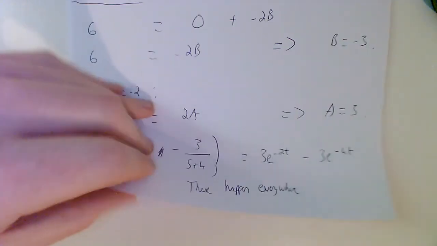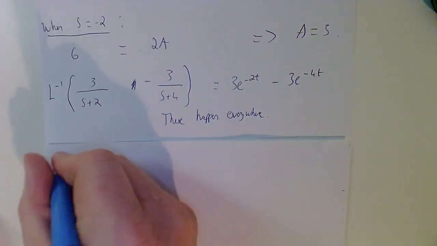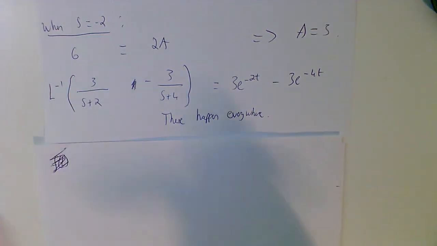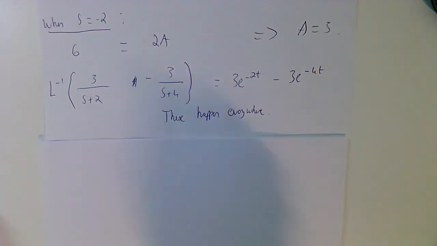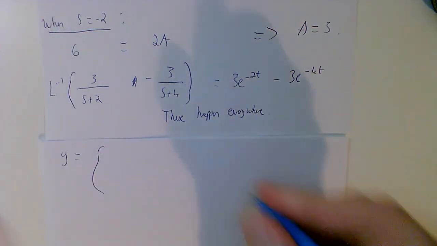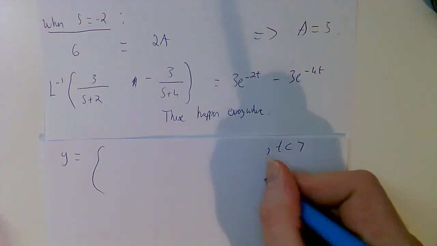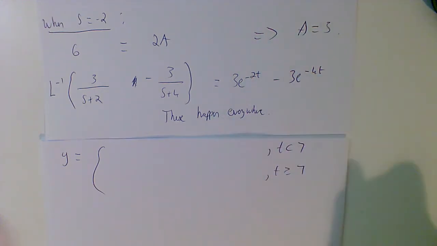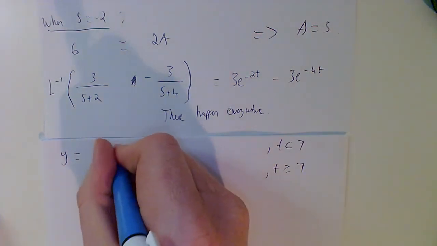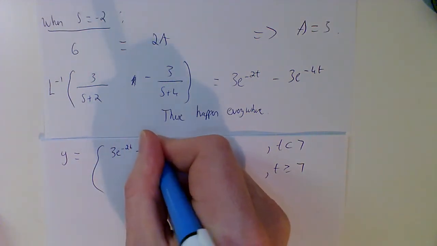So let's write out an answer. There's been a second shift theorem, so we know y equals, it's two parts. Something happens at 7. Before 7, I've got this function here: 3e to the power of negative 2t, take away 3e to the power of negative 4t.